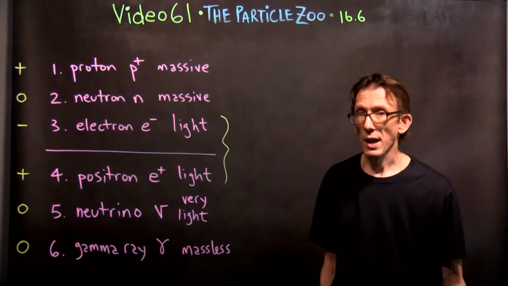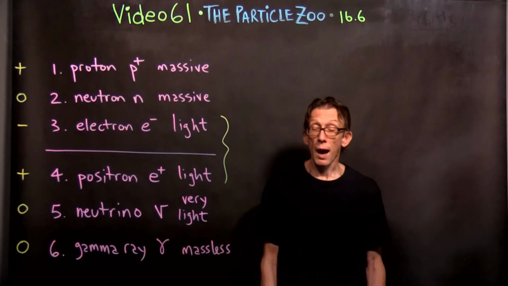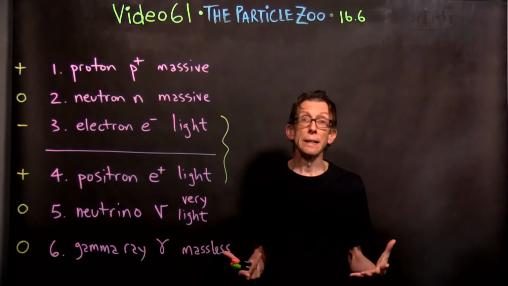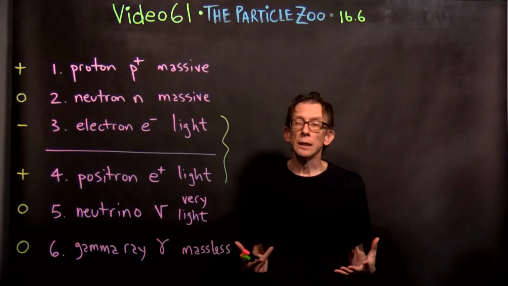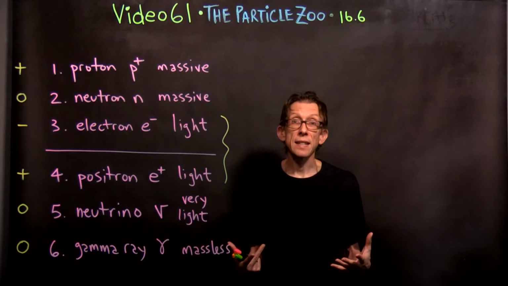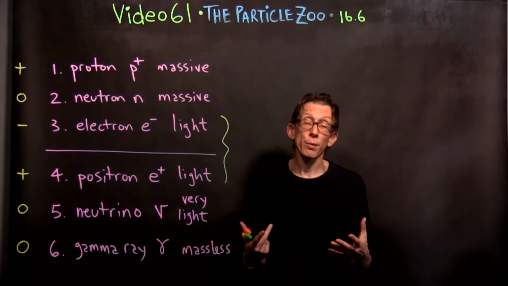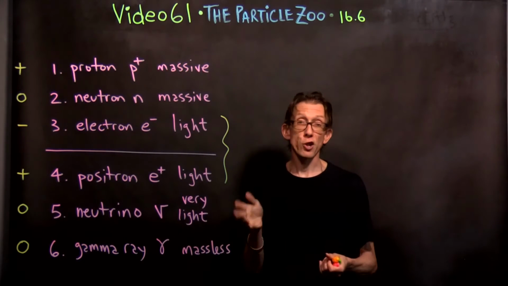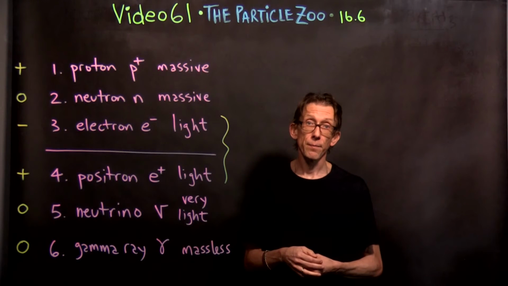Now a couple things to say about gamma rays. I've said it before, but I want to emphasize it again. A gamma ray is just light. It's just light that we can't see. The only thing that essentially makes it different is that it has a shorter wavelength than what we can see.